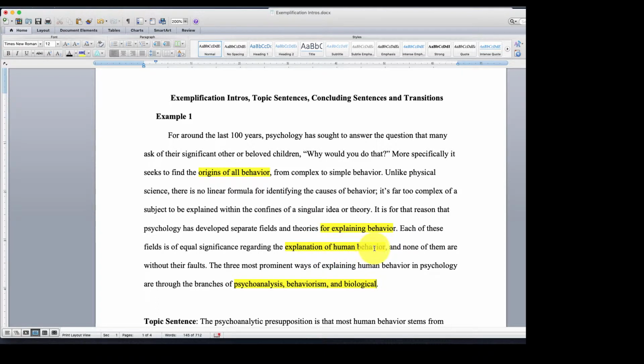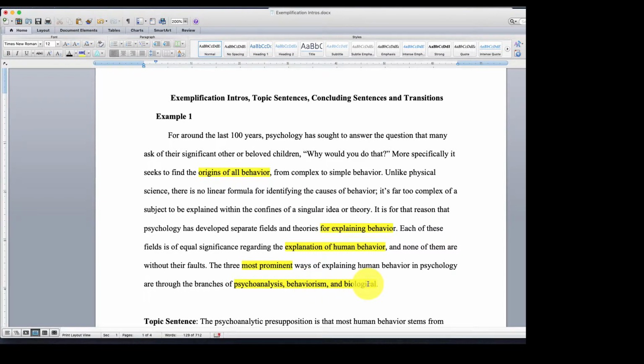So in every section of the paper, they're going to talk about having an explanation of human behavior. The last sentence, of course, is the preview statement. And here again, you have the 3: psychoanalysis, behaviorism, and biological.